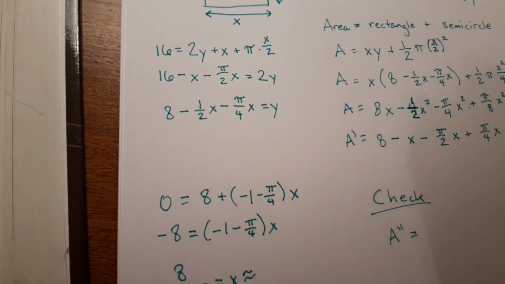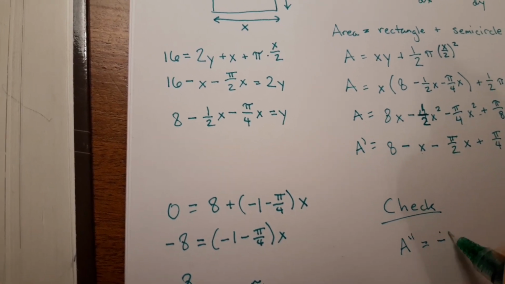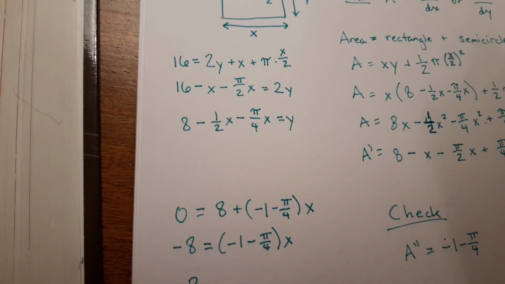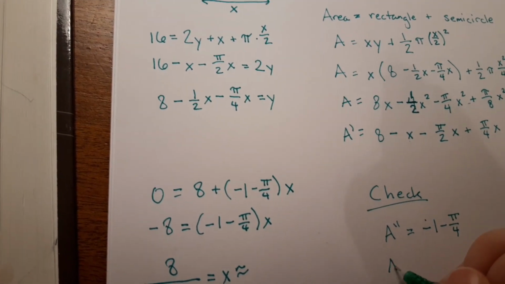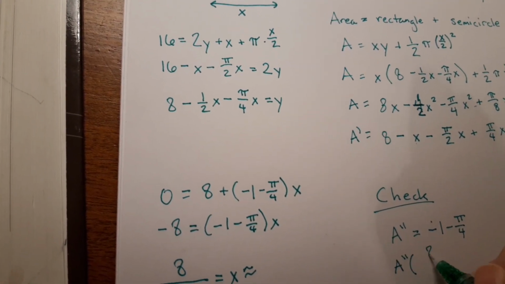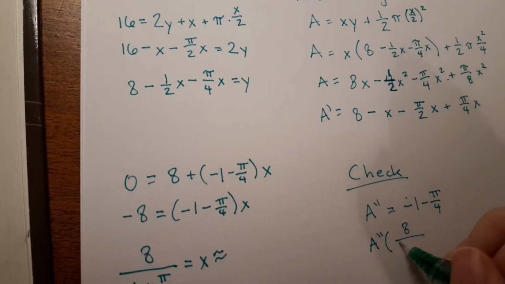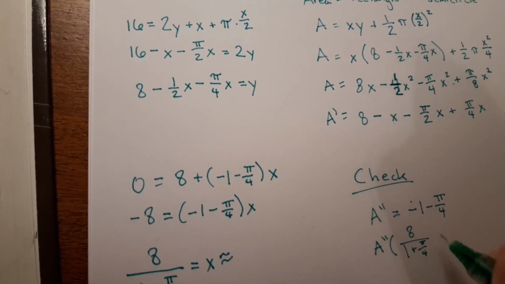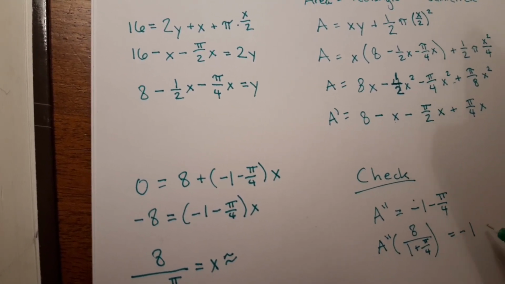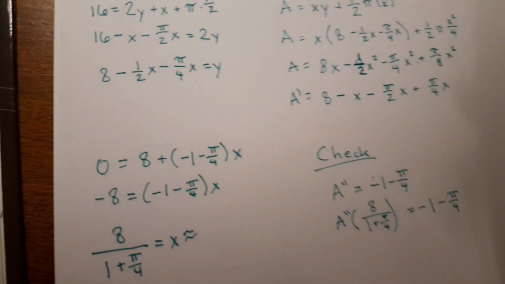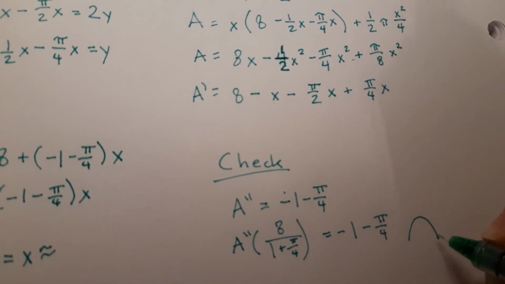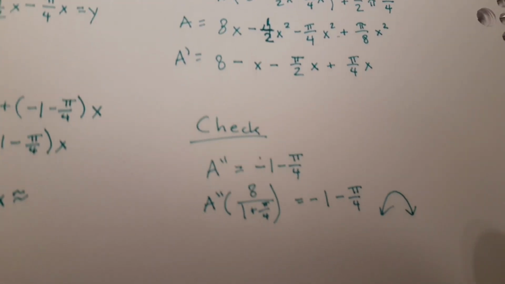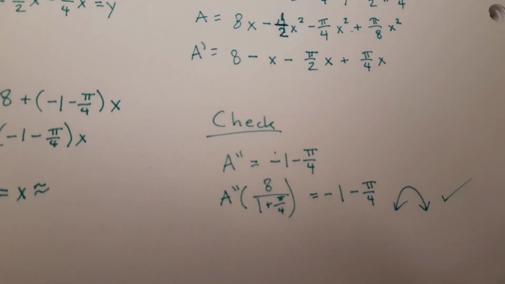We're just going to be left with negative 1 minus pi over 4, which, if you notice, is a constant function. And so if you were to plug in our 8 over 1 plus pi over 4 into this, then you just get negative 1 minus pi over 4. Therefore, our second derivative is negative, so our function is concave down, and we have a maximum.